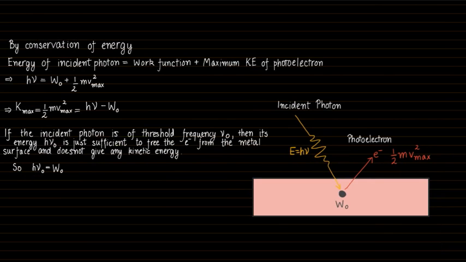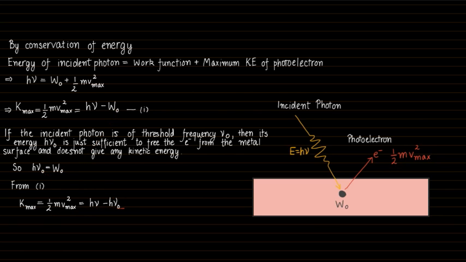So if I substitute this in my equation 1, then I can write this equation as the maximum kinetic energy of the ejected photoelectron, half m v max square, equals h nu. Instead of W naught, I'll write h nu naught. So h nu minus h nu naught.